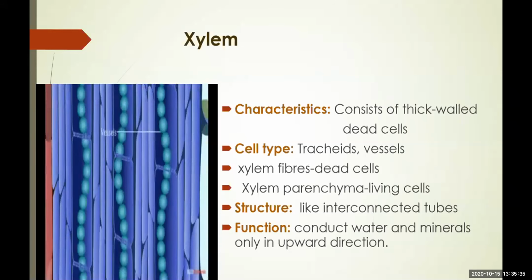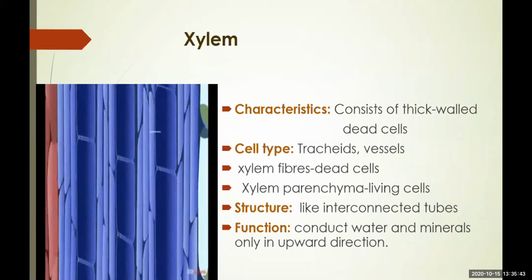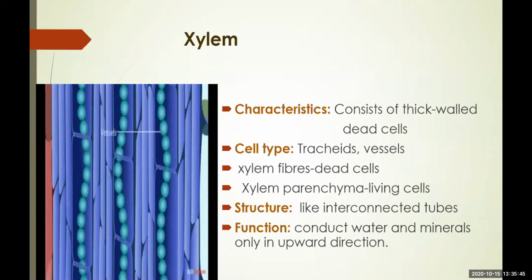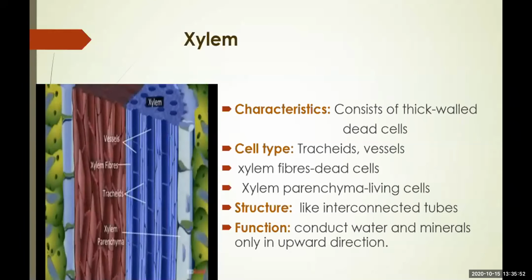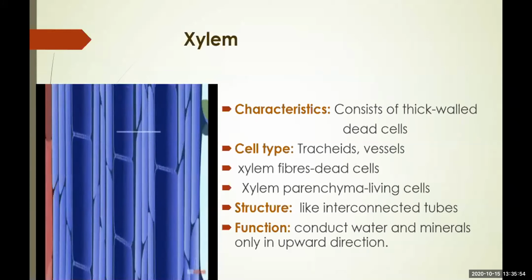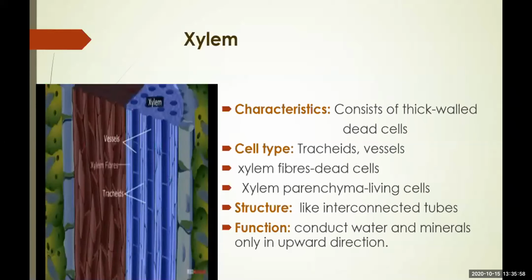Vessels are like the pipelines which will carry the water, whereas the tracheid cells are the ones which will support the vessel fibers. And vessels conduct the water and mineral nutrients in the upper direction. You can see in this GIF, the movement of water is in the upper direction from the root to the leaf, flower, fruits, each of the stem and branches of the plant.